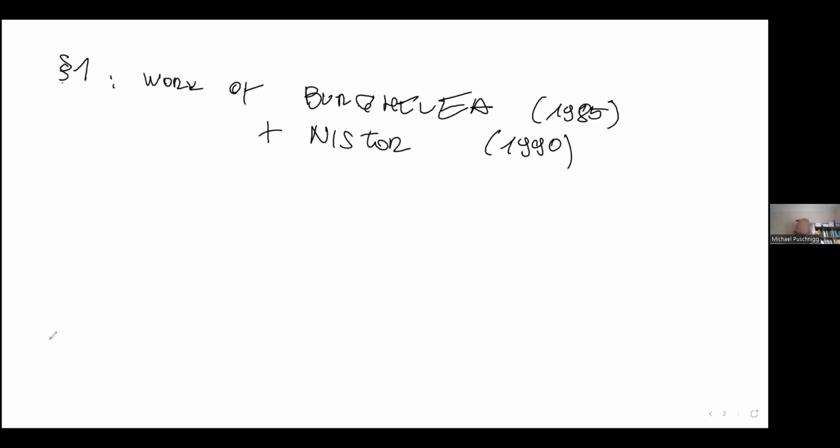Fine. So now the key step, the key observation in their approach is the following.